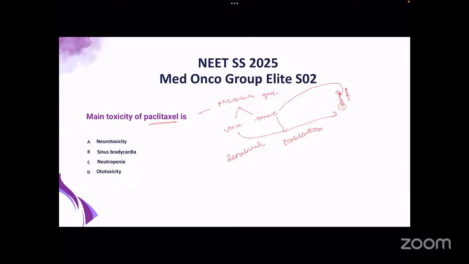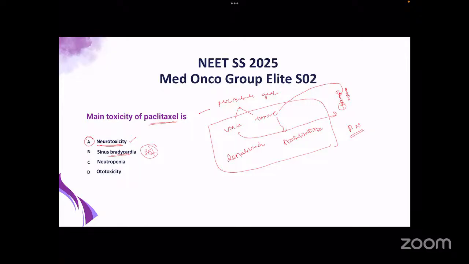But the most important toxicity of both these agents is peripheral neuropathy. So paclitaxel causes neurotoxicity, that is the main toxicity. After the 4th or 5th cycle, the patient will have sensory neuropathy. Sinus bradycardia is another common thing. It is seen during infusion, in around 30% of patients, and it is reversible.